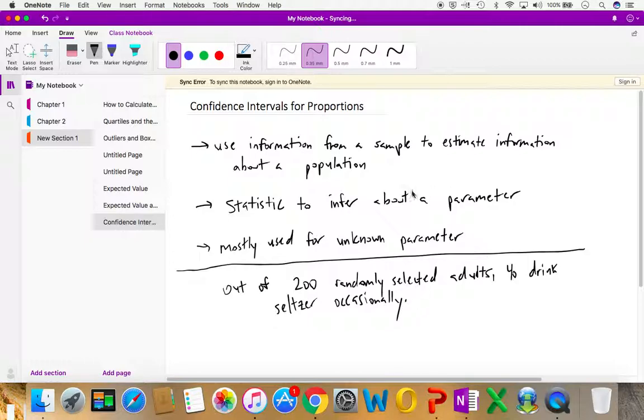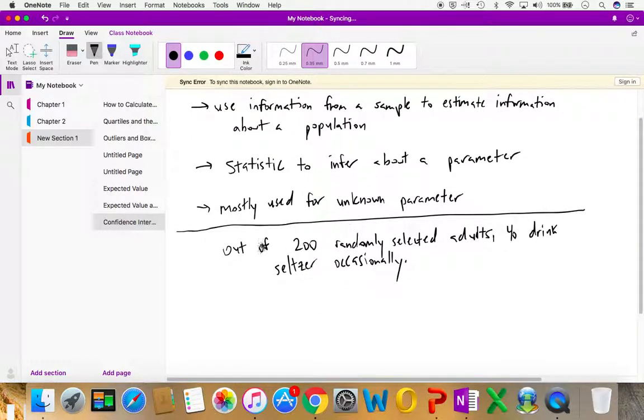Okay, so how would I calculate? I could do a quick percentage here, do 40 out of 200, and say that 20% of adults are going to drink seltzer, but that's based off of one sample. So instead, I do what's called a confidence interval.